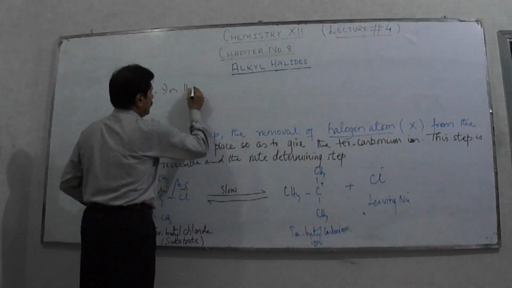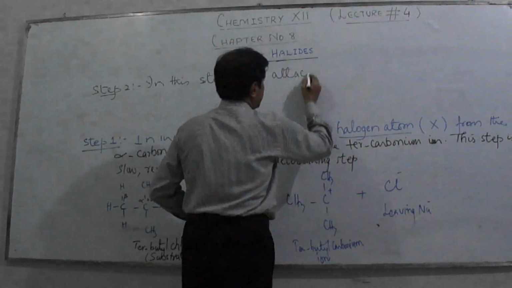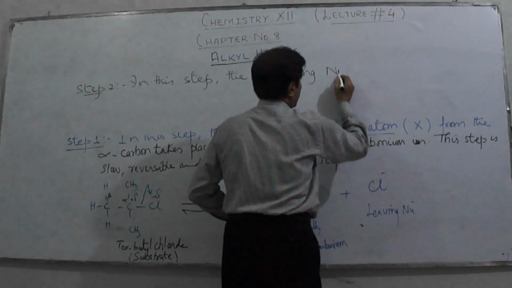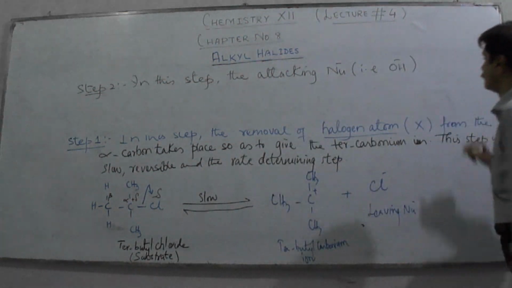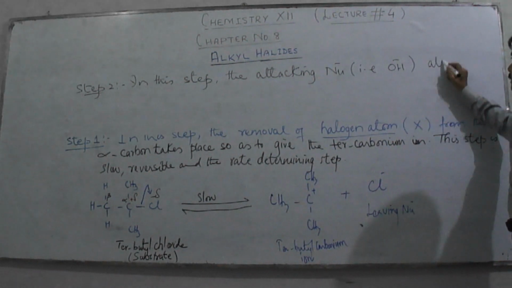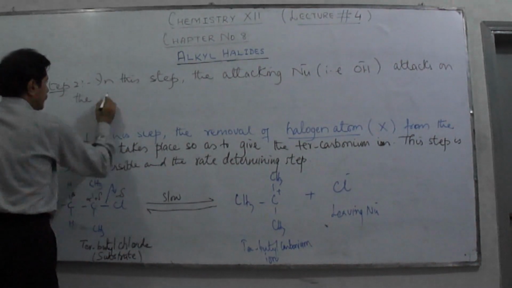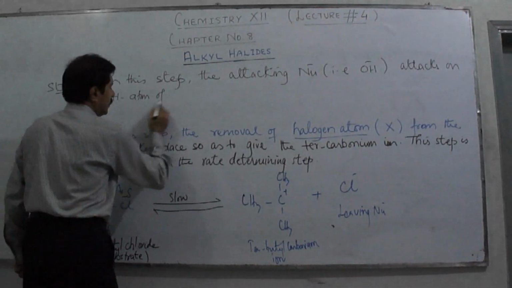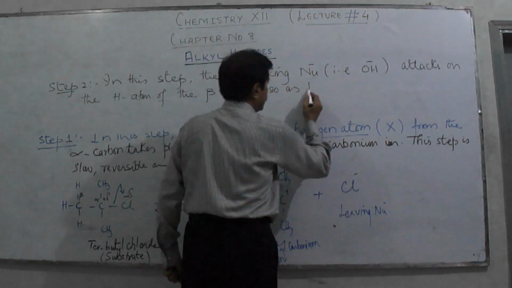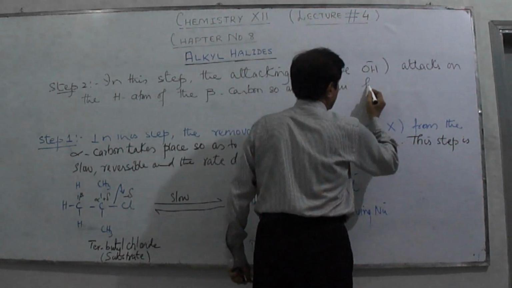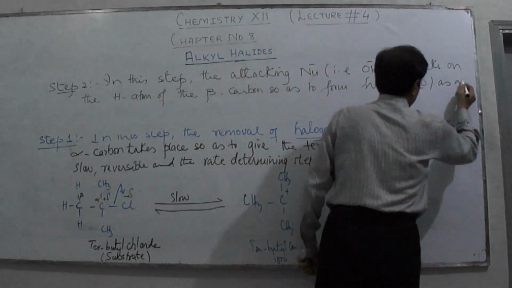In this step, the attacking nucleophile, which is often taken in the form of the OH group, attacks the hydrogen atom on the beta carbon so as to form water as a byproduct.